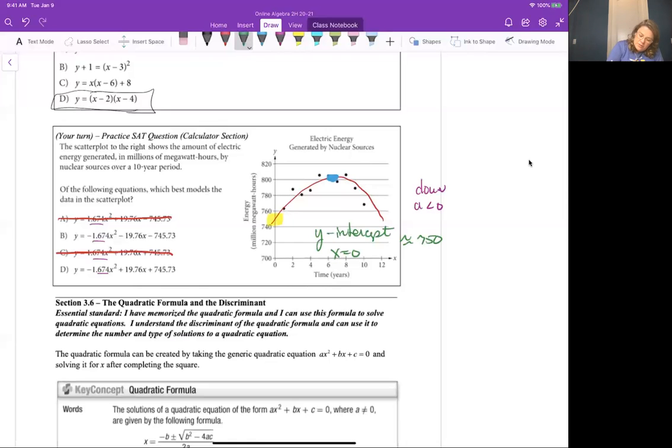So if I were to solve for the y-intercept for this particular equation, I would set x equal to 0, and I would find the value to be approximately negative 745. And if I were to set x equal to 0 in equation D, I would find the y-intercept to be positive 745. And so hopefully you can see that B is not the answer. And once again, we have an answer of D, which is suspicious.